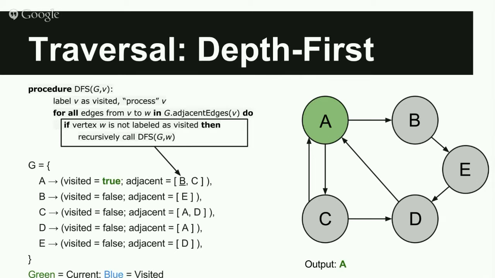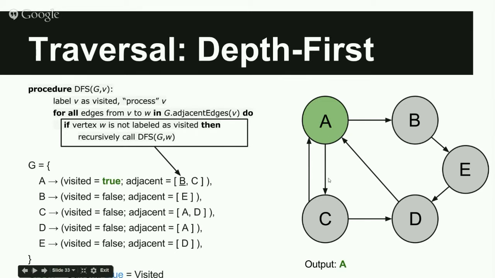So for example, if you look at the line for C, it has not been visited, so visited equals false, and the adjacent nodes, which are the nodes that can be reached starting at C, are A and D. That's in the array in the C line for adjacent.